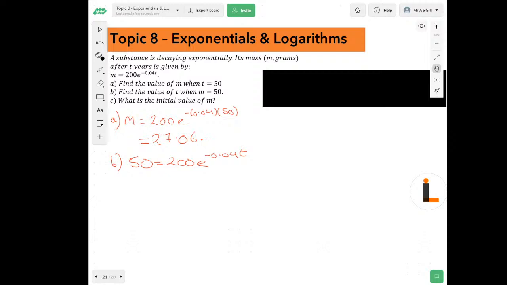Now we want to first rearrange and simplify this down a little. If we divide through by the 200, we'll get 1/4 equals e to the minus 0.04t.